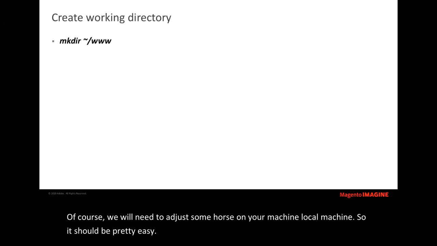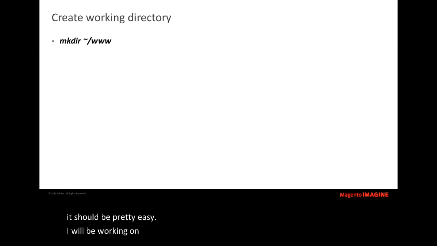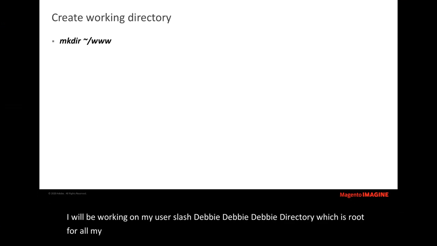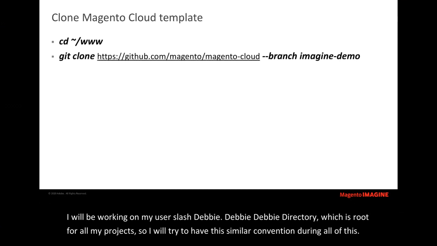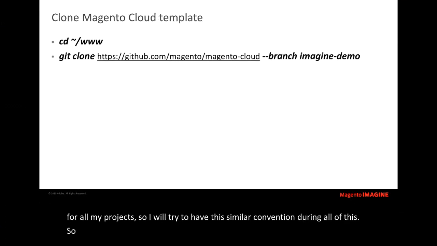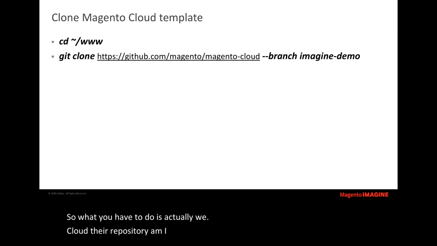I will be working in my user slash www directory, which is the root for all my projects, and I will try to keep a similar convention throughout this lab. What we have to do is clone the Magento Cloud repository using the branch that I created for this lab, called Imagine Demo.